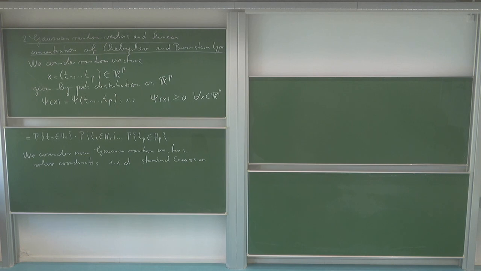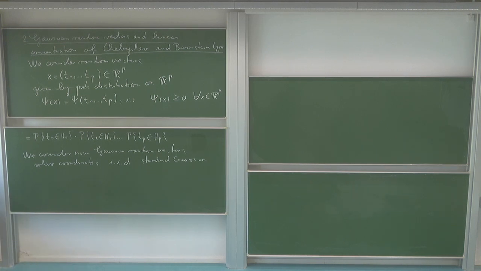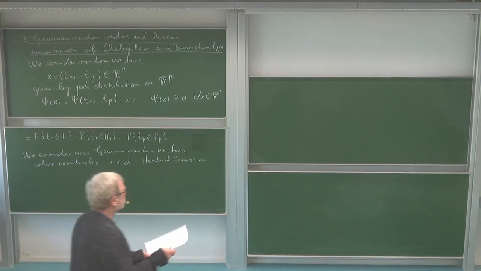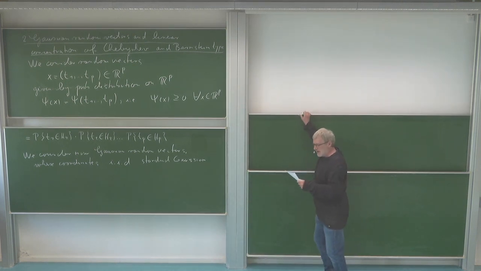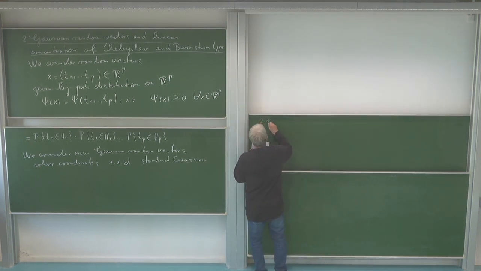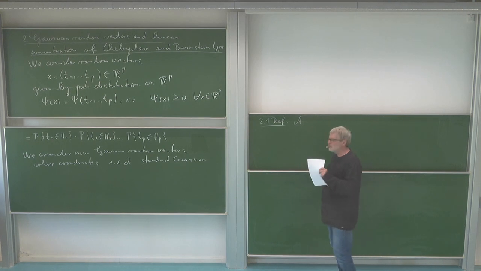And maybe later we will also go to random vectors where the mean and the covariance are more general. But for now we restrict to the standard case, the simplest situation which we can have in p dimensions for a Gaussian random vector. And so that's what I call a standard Gaussian random vector.